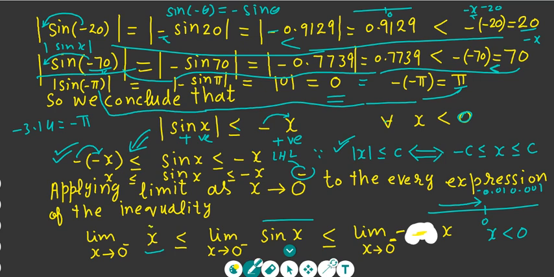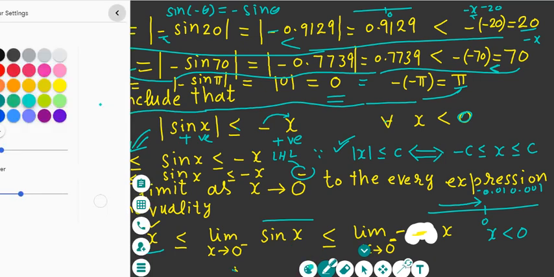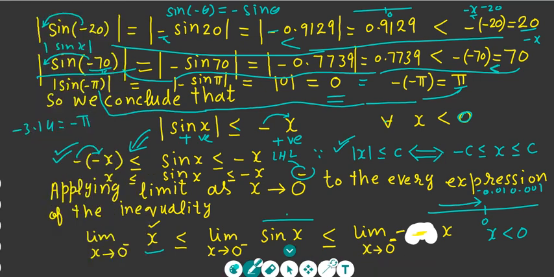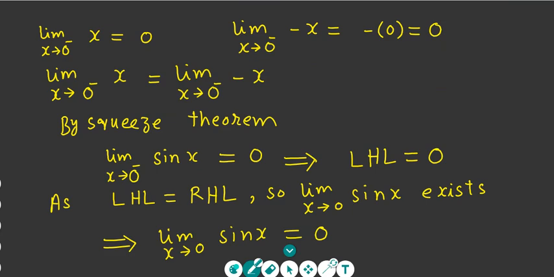This is the smaller function, and this is our middle function, and this is our greater function. We find the limit of the smaller function and we find the limit of the greater function. The limit of the smaller and the limit of the greater function are both equal to 0. By the squeeze theorem we can write the limit of the middle function is equal to 0.